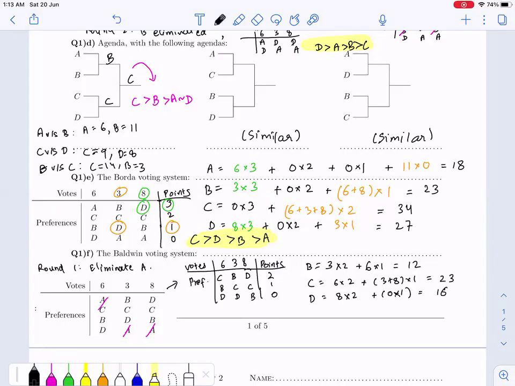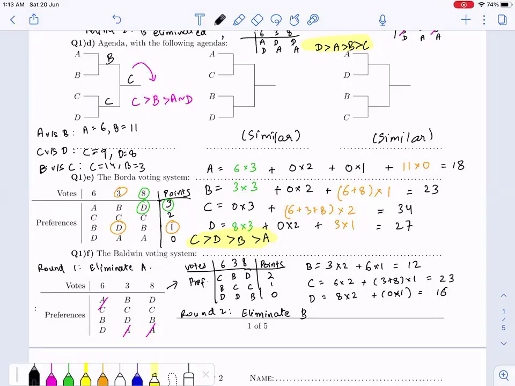So after round 1, in round 2, you eliminate the one that had the least number of points.